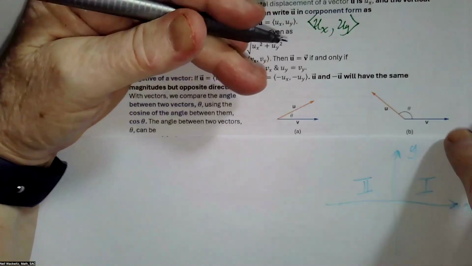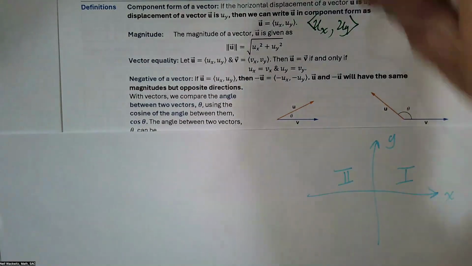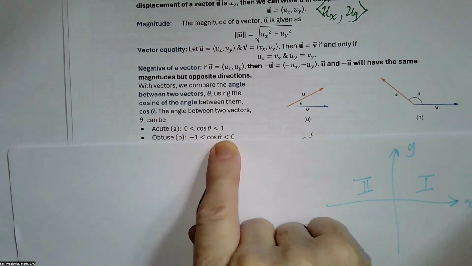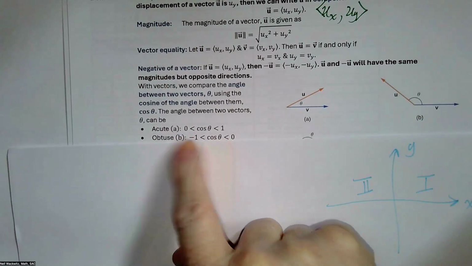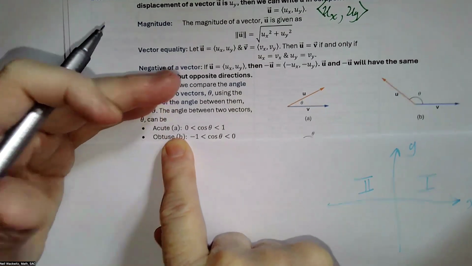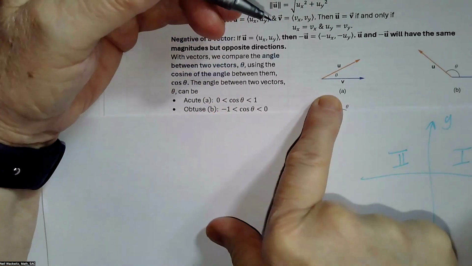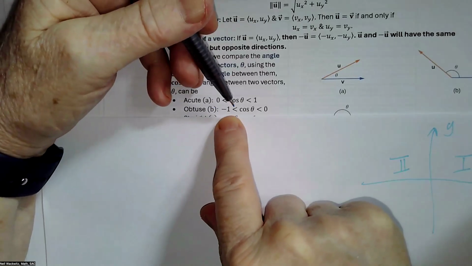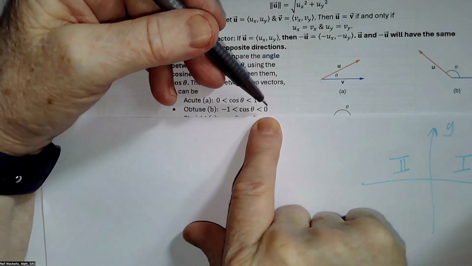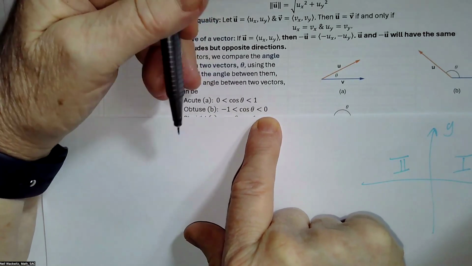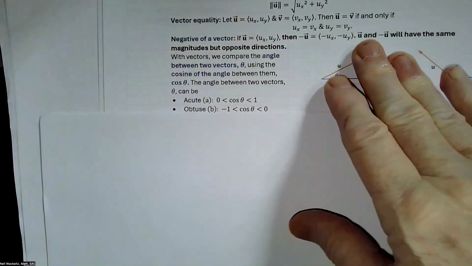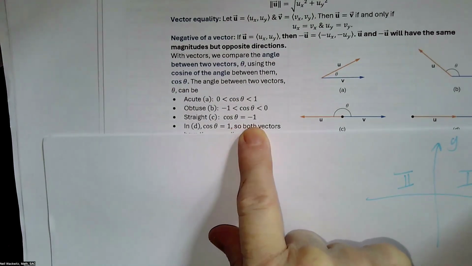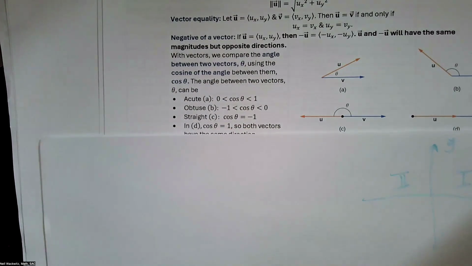So if the cosine is between 0 and 1, the angle between the two vectors is acute. If -1 is less than the cosine, which is less than 0, then the angle is obtuse. And of course, if the cosine is -1, it's a straight line.